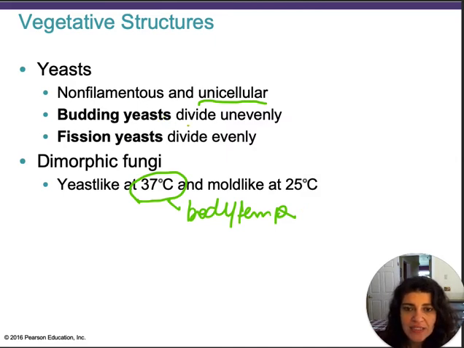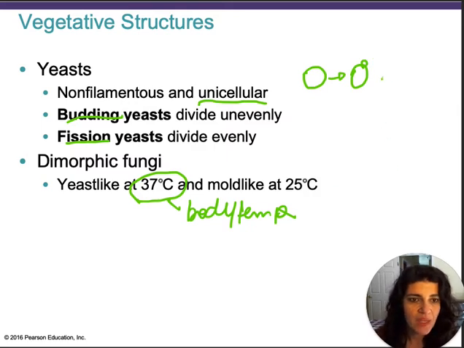Yeast can divide by budding or by fission. Okay, remember the budding? One cell makes a little baby here. Is that sexual or asexual? Where is dad? There's no dad. Asexual, okay? And that little baby will split from mom and one day become a mom.